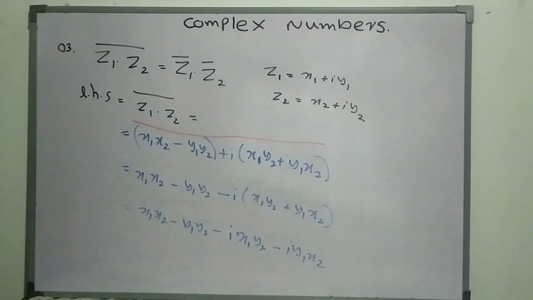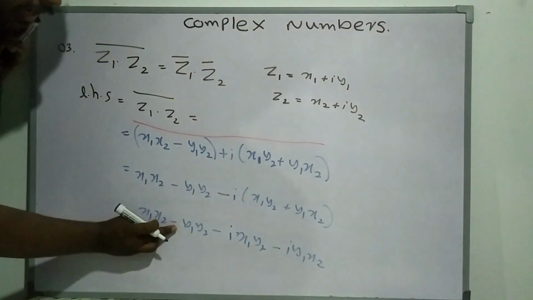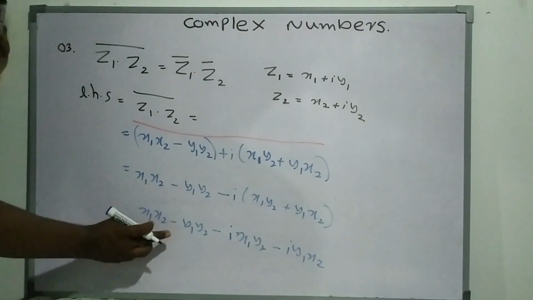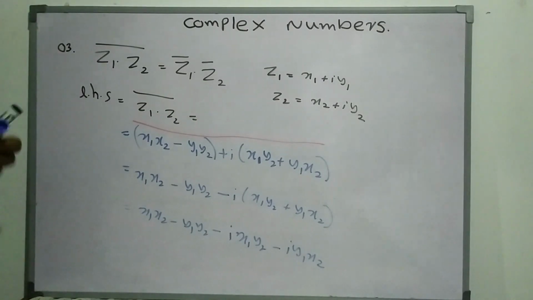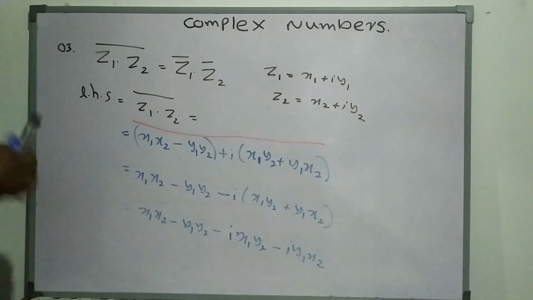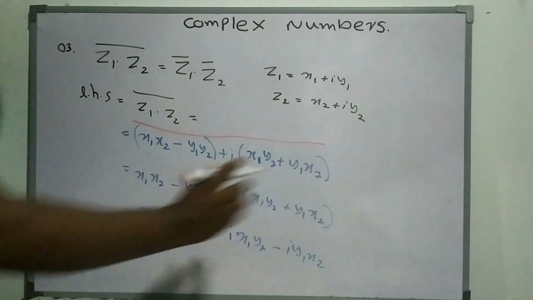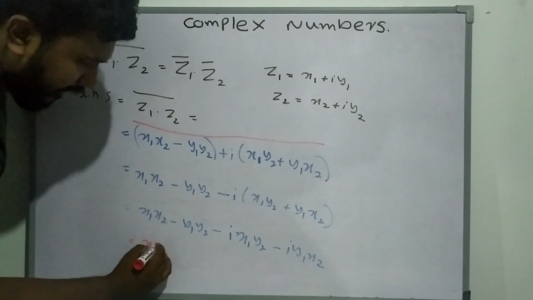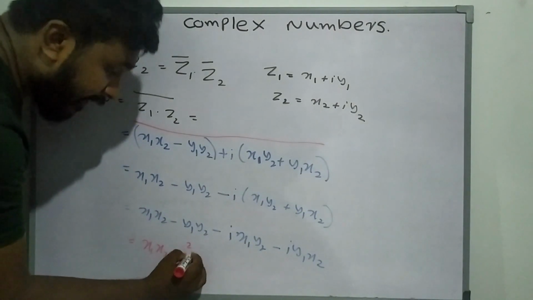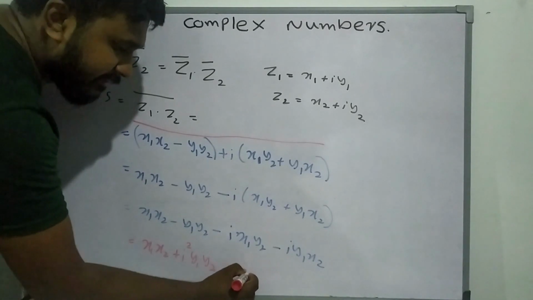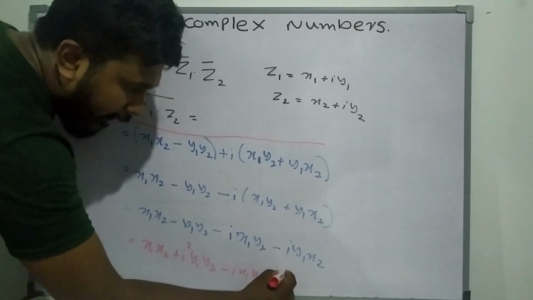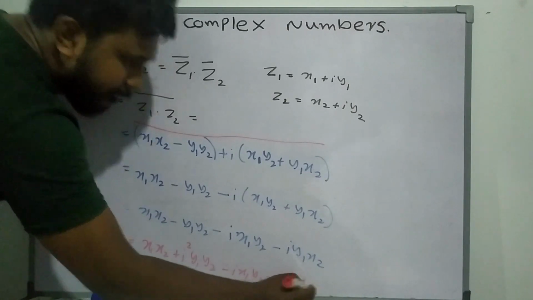Here I'm again putting i squared, minus i squared, so x1 x2, i squared y1 y2, minus i x1 y2, i y1 x2.